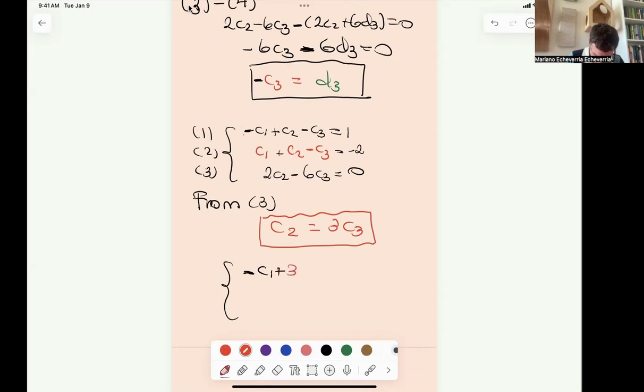And so you substitute that into the remaining two equations.